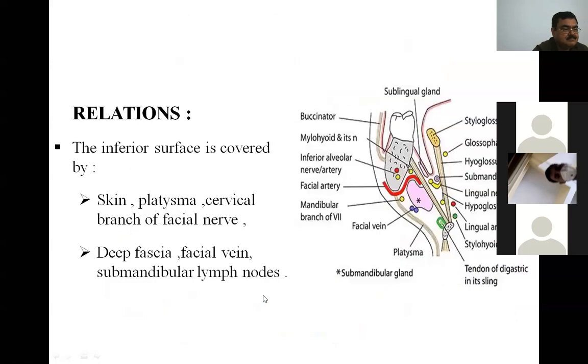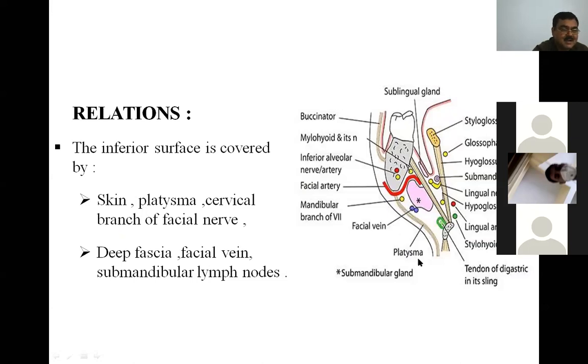Now relations. Here you can see this is the mandible. Here is the mandibular fossa. This part is the superficial part of the submandibular salivary gland. You can see the relation of the inferior surface. The inferior surface is covered by skin, then the platysma muscle.